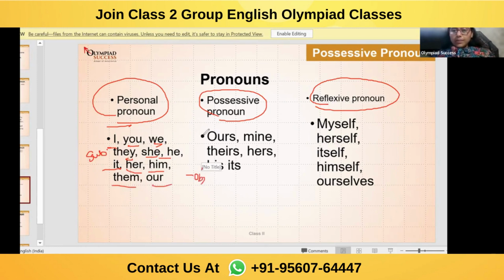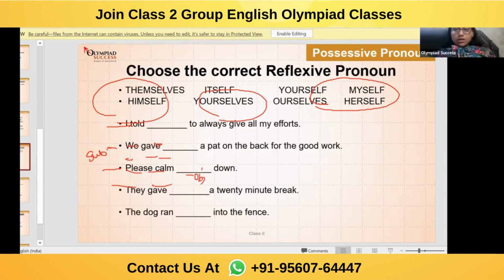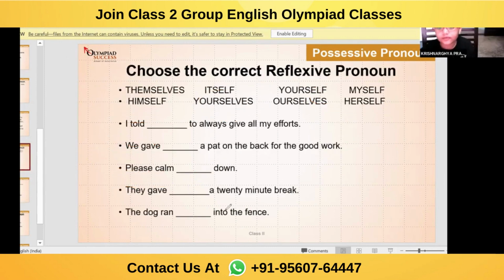Ma'am, may I ask something? Yes. Ma'am, please go to the previous slide. Okay. Ma'am, why had we written they gave themselves a 20-minute break? That means reflexive pronouns work independently.